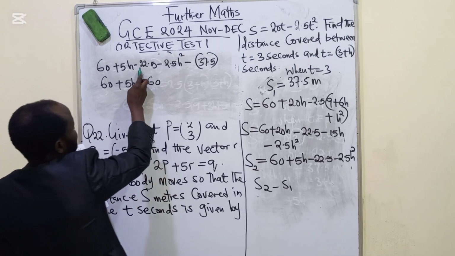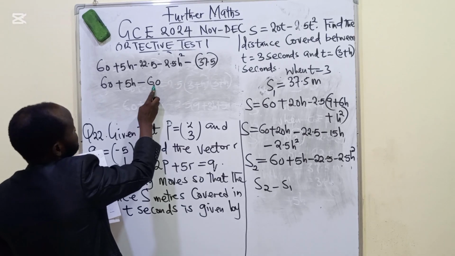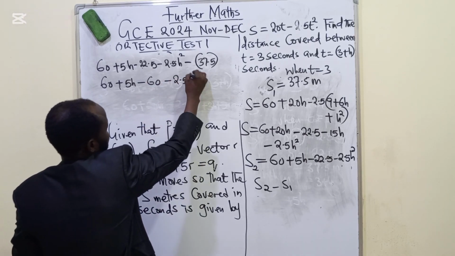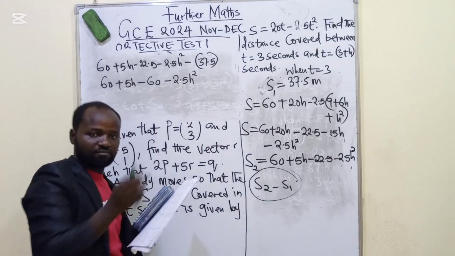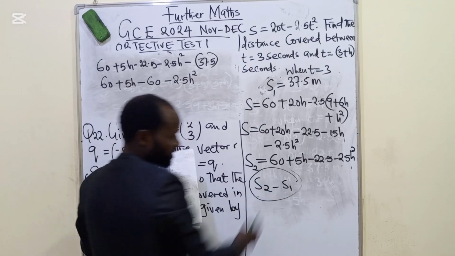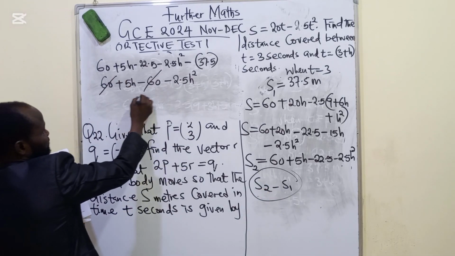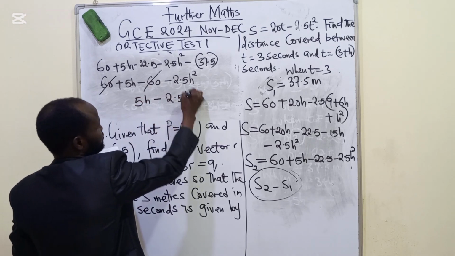What we are doing is minus 22.5 minus 37.5 will be minus 60. That will be minus 60 minus 2.5h squared. As I said, we are looking at the second distance minus the first distance. That is S2 minus S1. Okay, 60 minus 60 will go. We'll be left with 5h minus 2.5h squared.